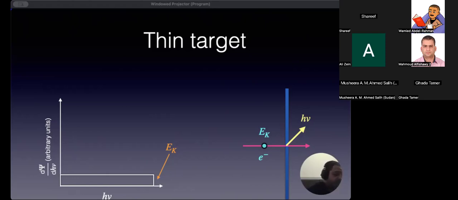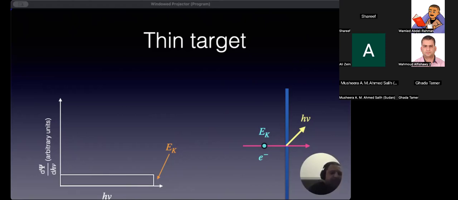Because the energy fluence is constant, if we have one 100 keV photon, the total energy is going to be 100 keV. If we look at the photons produced with energy of 1 keV, then we need 100 of these photons so that the energy fluence matches that for the 100 keV.